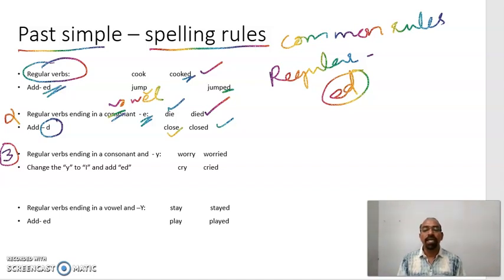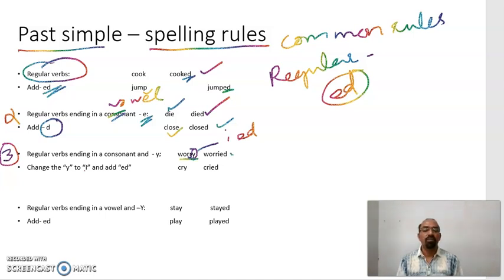When we come to the third rule, regular verbs ending in a consonant and y, which means the word ends with a consonant, then y, then change the y to I and add ed. Look at the example.